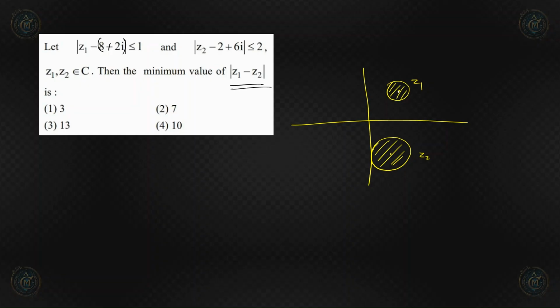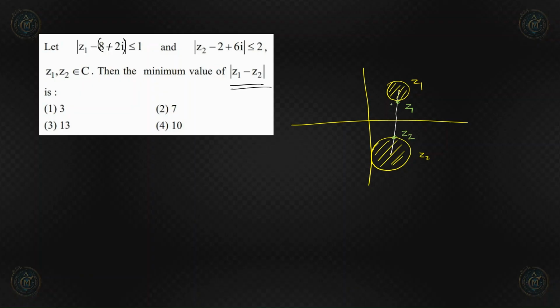Okay, so let us join the centers. So we can say the shortest distance between them will be along this line. Okay, so Z1 will lie here. Okay, Z1 is this point, this is Z1, and this point is our Z2.